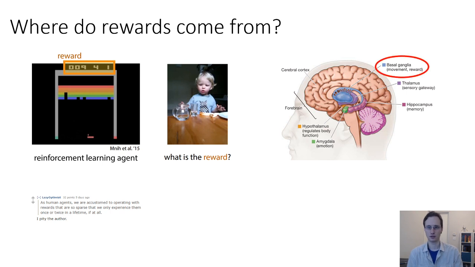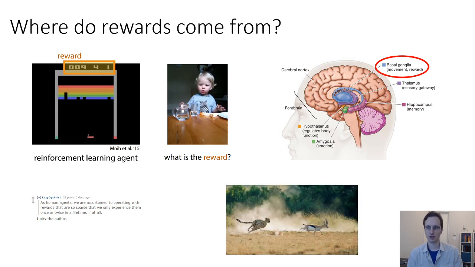Besides the examples with college degrees, you could imagine a more naturalistic example, like a cheetah trying to chase down a gazelle. Well, it seems pretty unlikely that the cheetah just randomly flails around until it accidentally manages to maul a gazelle, and from that figures out that because it received a reward, it should do that behavior more often. This behavior is so difficult for the cheetah to perform, there must be some more sophisticated, more detailed guiding mechanism that caused it to acquire this behavior.